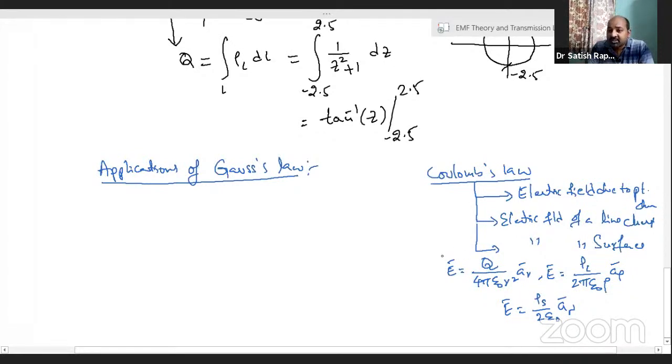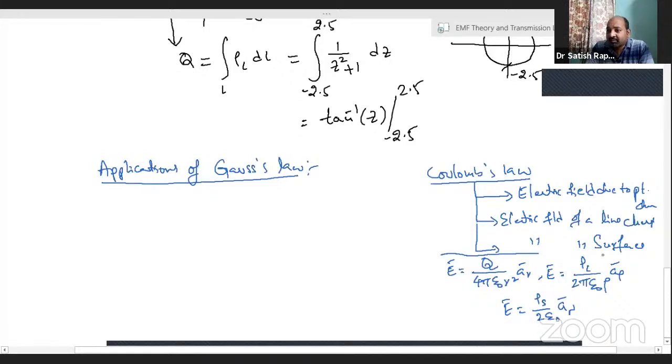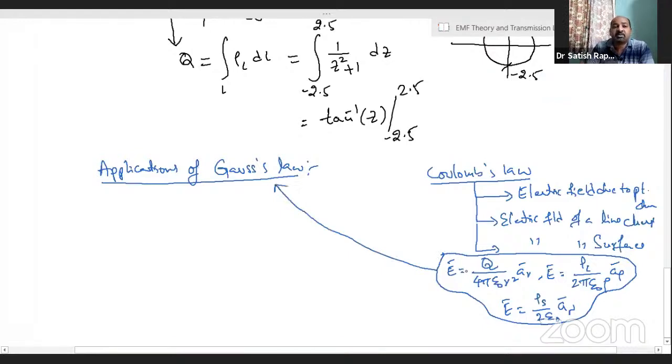The same equations I can derive using Gauss law. Earlier I derived these equations, you know the procedure, and somewhat that procedure is lengthy.